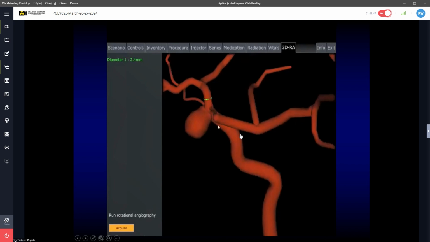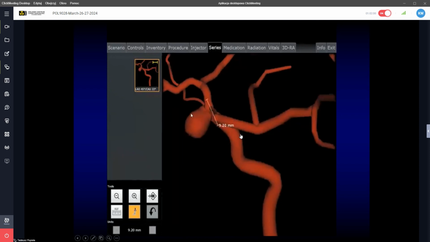These are needed to choose the right balloon, the right size of the balloon, the length and diameter, and also the coils, because the first coil is very important, because it must be as large as possible. So all of this we can do using the right projection based on the result of the 3D angiography.